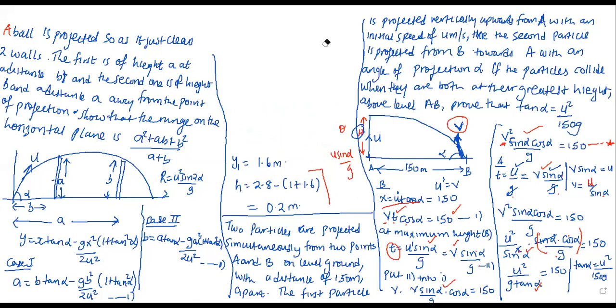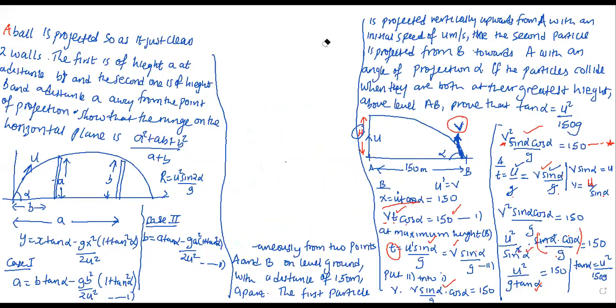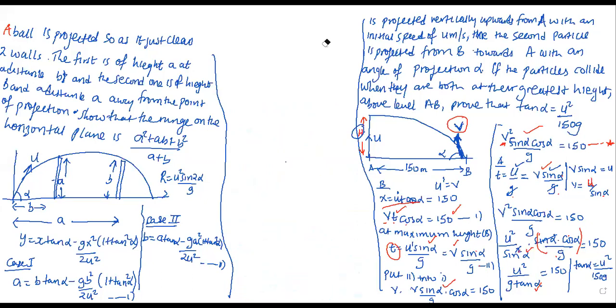Now, with that sense, we shall have, having realized that, we can clearly see that for the first one, b tan alpha minus a is equal to g b squared over 2u squared sec squared alpha.